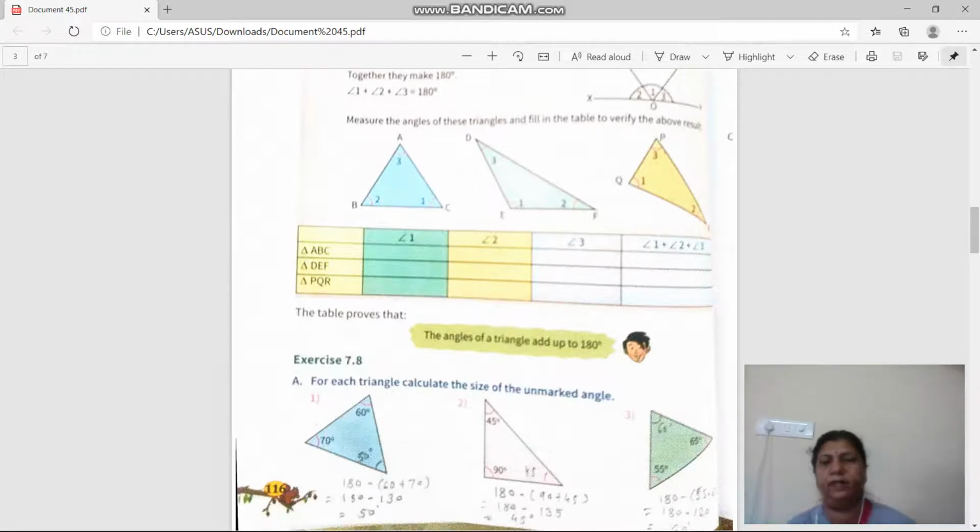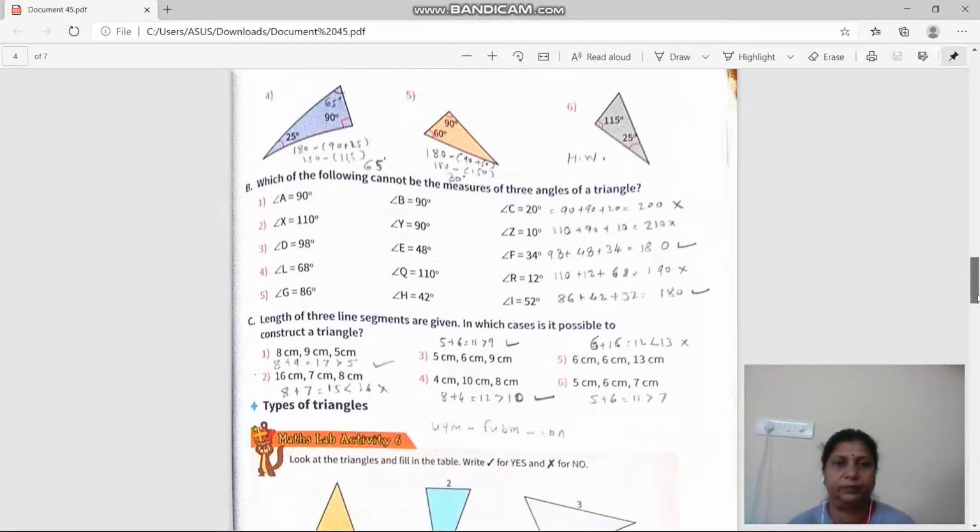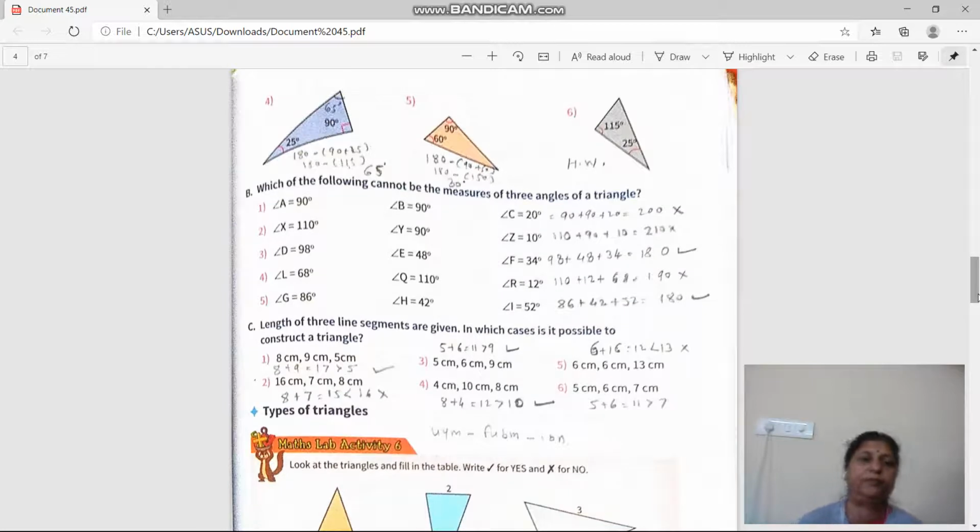Now let's see the next example. Once again two angles are given, that is 25 and 90. So 180 minus, 90 plus 25, we get 115. So 180 minus 115, we get 65, right?